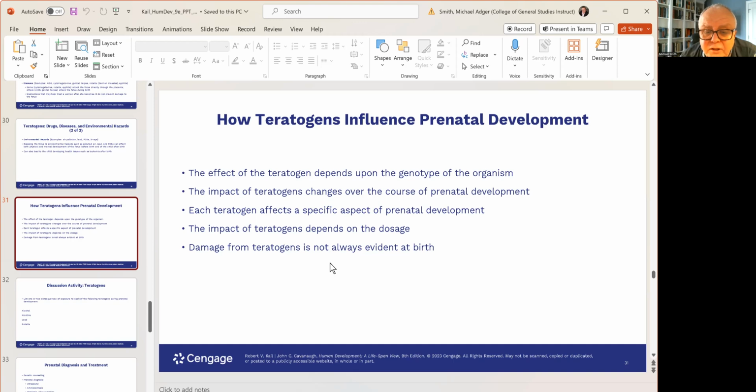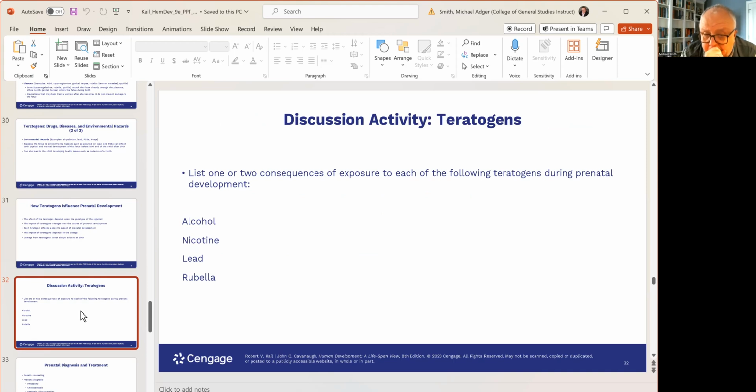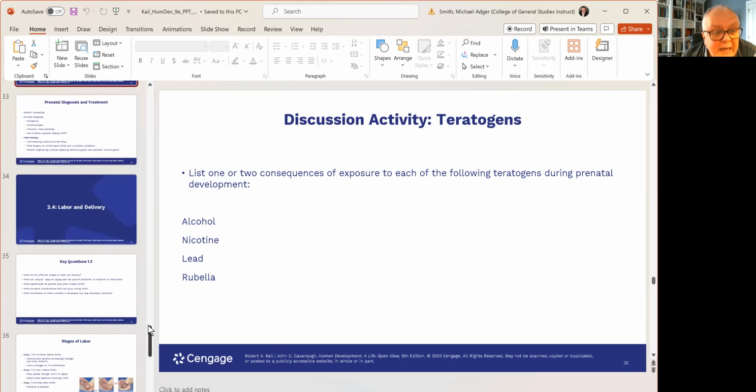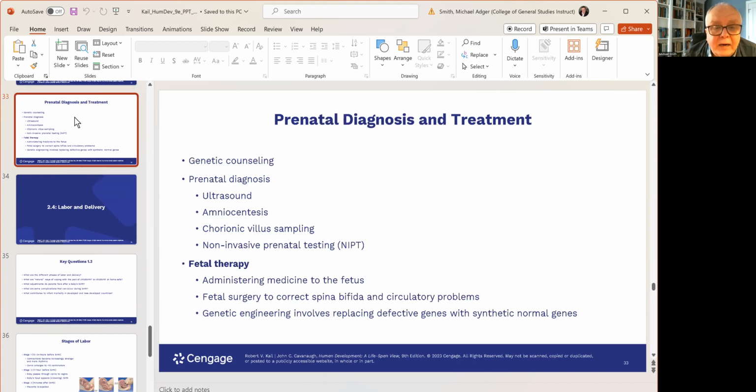But the impact of teratogens depends on the dosage, how much a child gets, and the damage is not always evident at birth, but may develop afterwards. So when you think about teratogens, think about the consequences of each of the following during prenatal development: alcohol or nicotine or lead or rubella. Rubella, of course, is measles. You want to be very careful not to get any kind of diseases like that during pregnancy.